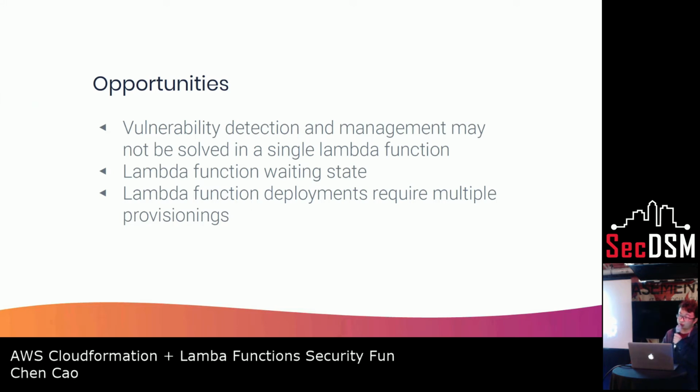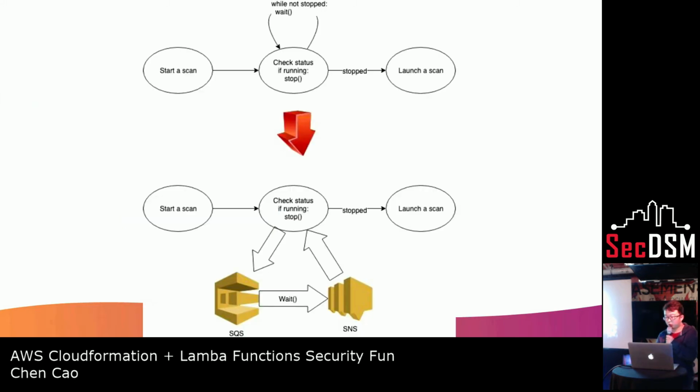Lambda function waiting state. This is an interesting question. So the current workflow is you want to start a scan, and you want to check status. If the scan is already running, you probably want to stop the scan and then start the scan. But the process to stop a scan won't finish very quickly.